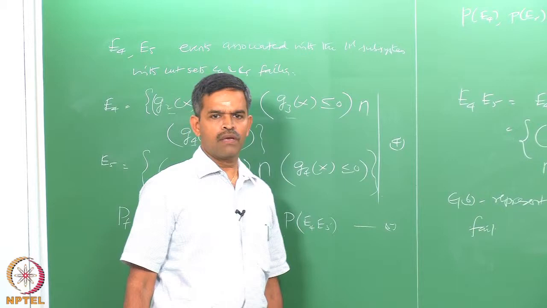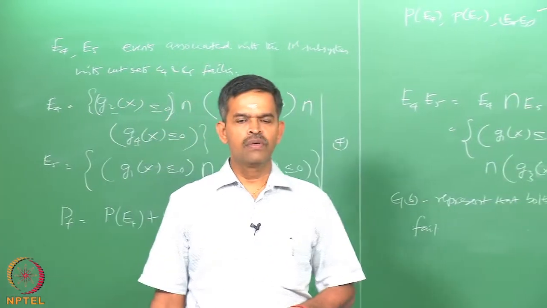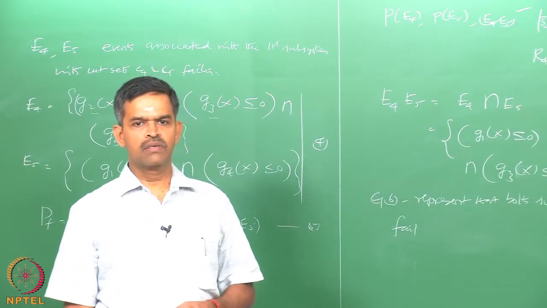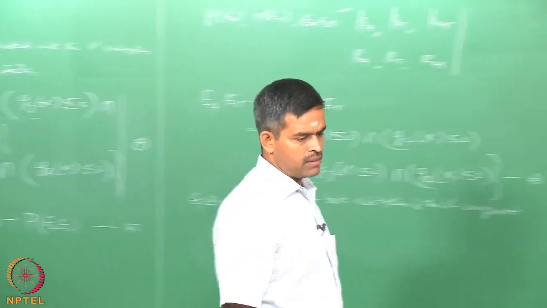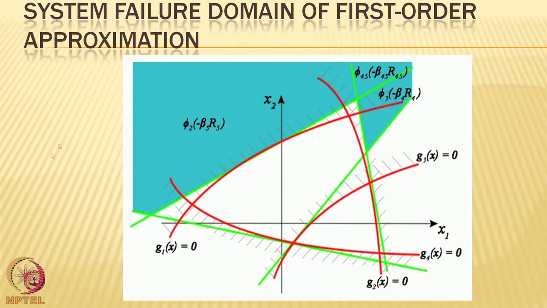So, let us look at the failure domain of this, which shows the first order approximation. Please pay attention to the system failure domain of first order approximation shown on the screen now. One can see here the failure probabilities using beta 4 5 R 4 5, beta 4 R 4, beta 5 R 5, which we just now wrote the equations for on the blackboard.